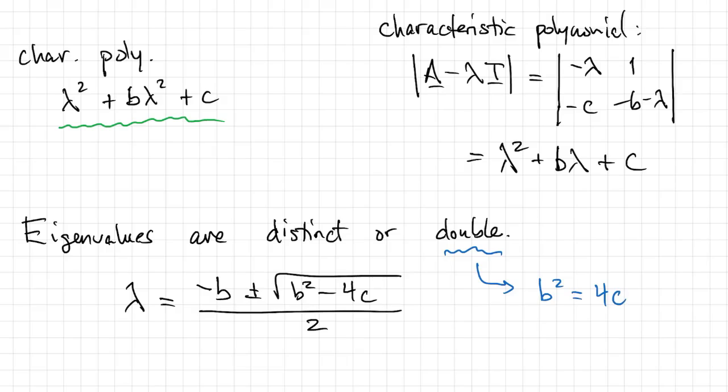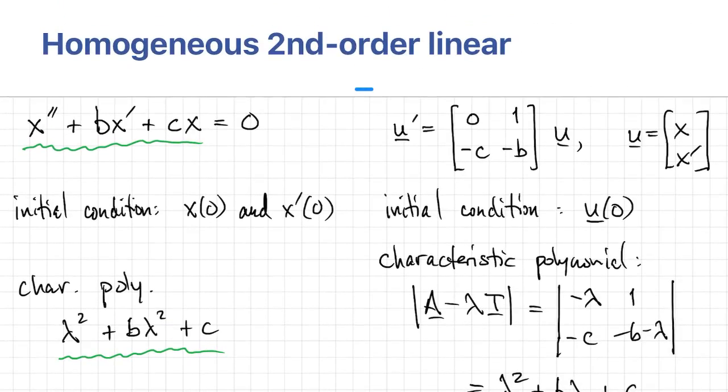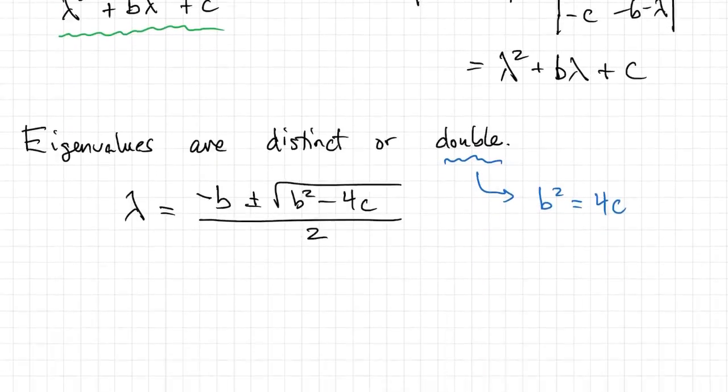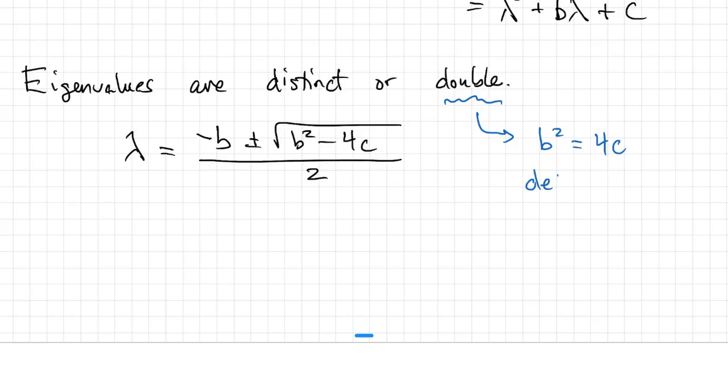In that case of a double root, the matrix is definitely not diagonal unless b and c are both 0, in which case the problem is completely trivial. So that means it's going to be defective. And we'll have to consider that situation separately.